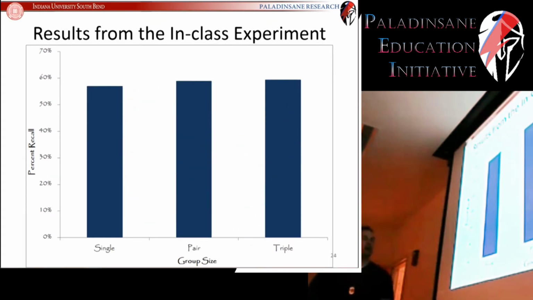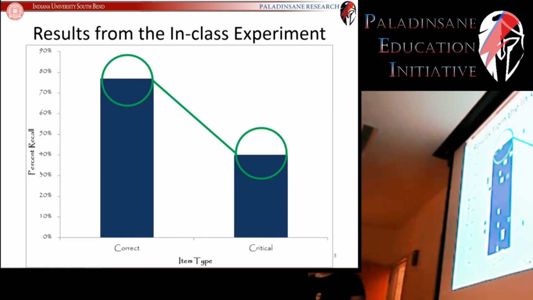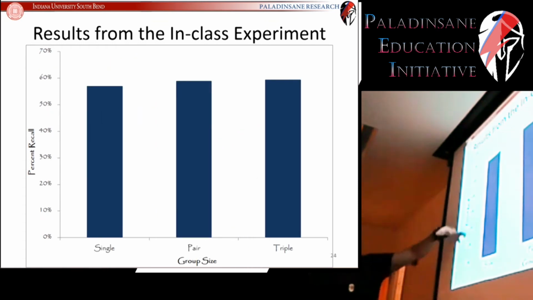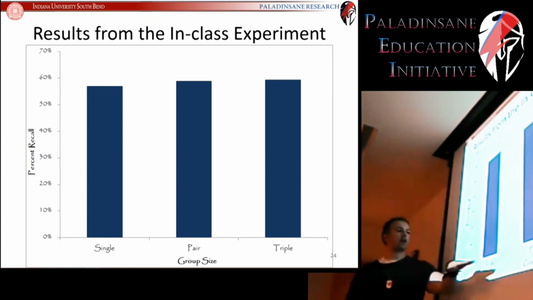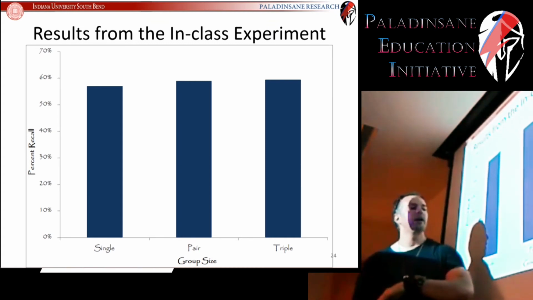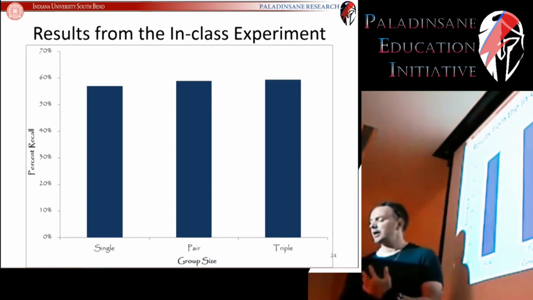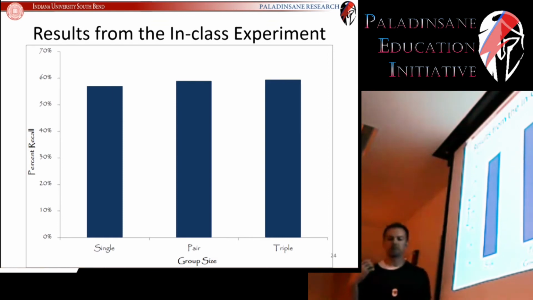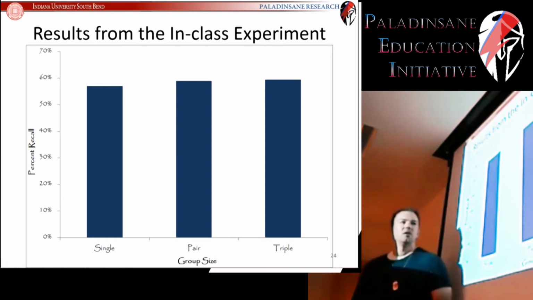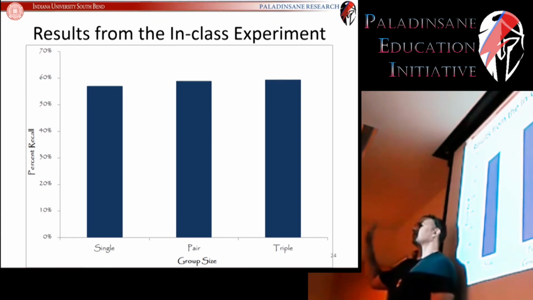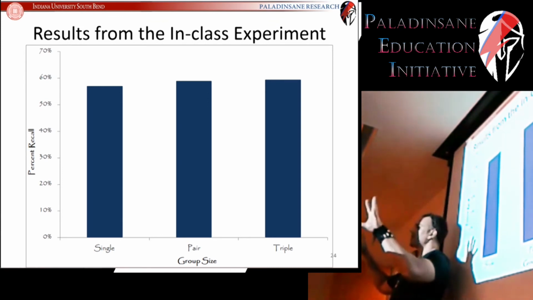All right, so I talked about the main effect for item type. This is the main effect for group size. So this is the percent recall for people working alone, percent recall for people working in pairs, percent recall for people working in groups of 3. And these bars make a little bit less sense because each of these bars is a combination of the words you recalled correctly and your false memories.